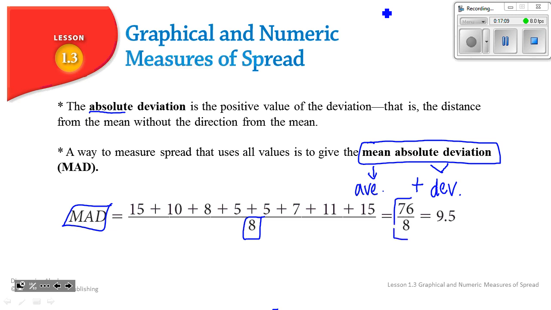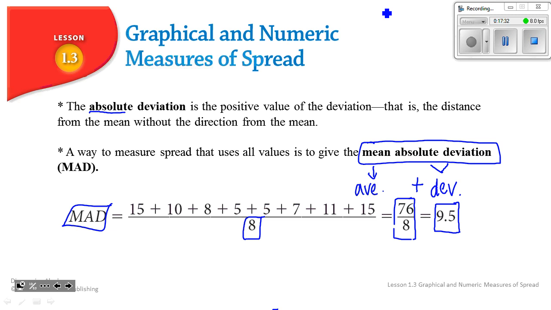So I end up with 76 divided by 8, and I get a mean absolute deviation of 9.5. Okay, so one more time, take all of the separate deviations, make them positive, add them all together, and divide by 8. That's the number of values that you have. And I get a mean absolute deviation of 9.5.